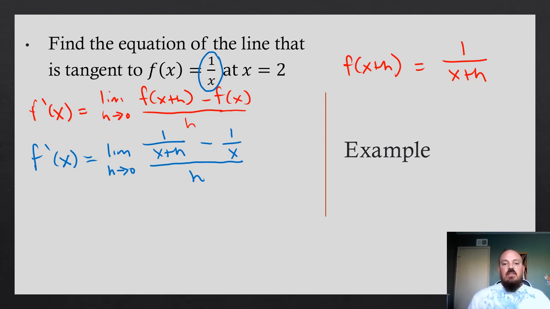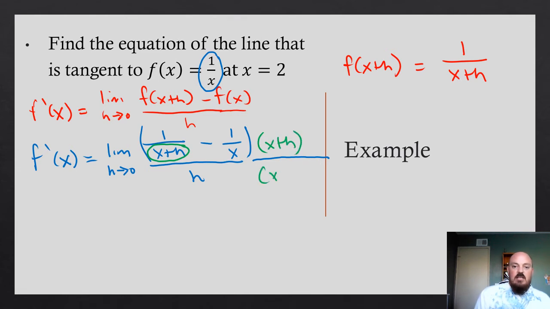So this is how I like to think of it. When I'm going to clean this up, I'm going to multiply. It's a fraction. I can multiply top and bottom by whatever I want as long as it's the same thing. So what I say to myself is the first thing I want to do is cancel out this x plus h in the denominator. So I'm going to multiply top and bottom by x plus h.